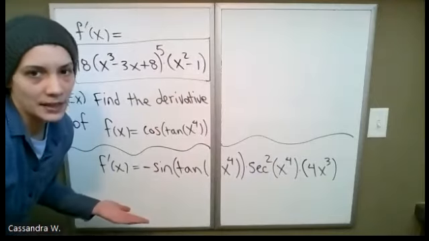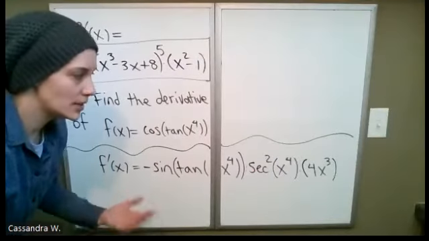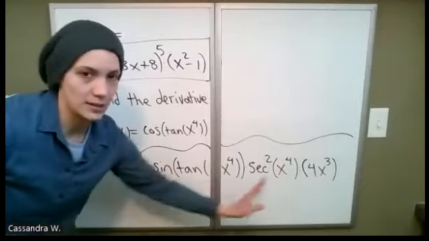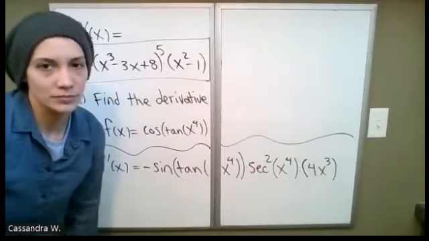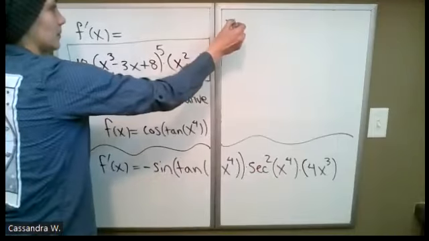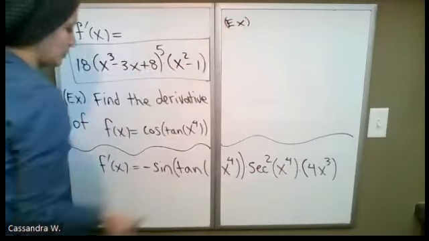You could leave it like that if you want to. I thought it was nice to put that 4x cubed up front, and I wrote negative 4x cubed times all this. It's the same thing. This will be fine.